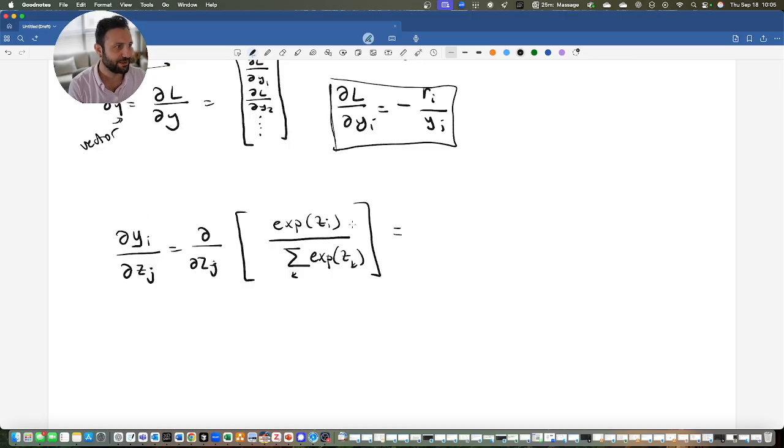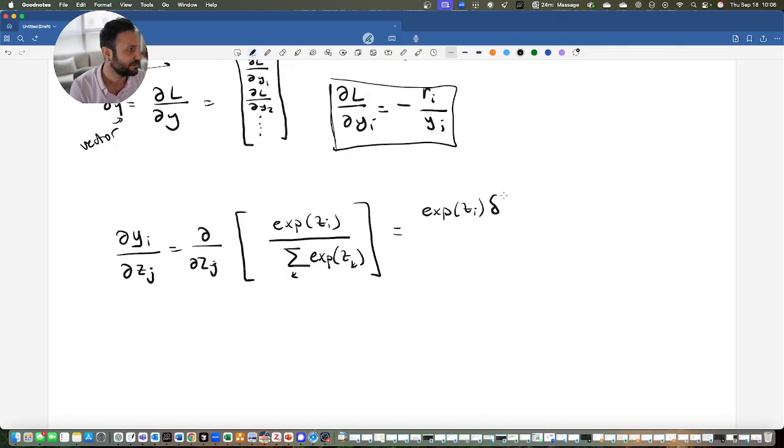So the derivative of the upstairs is itself, exponential zi, if and only if i equals j. Otherwise, it's 0. So there's a way for me to write this mathematically, make it 1 if it is the same, 0 otherwise, and we use the delta function.